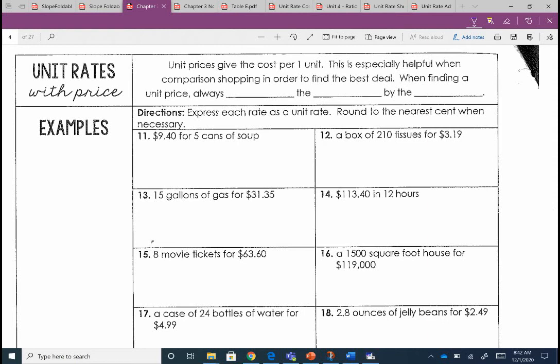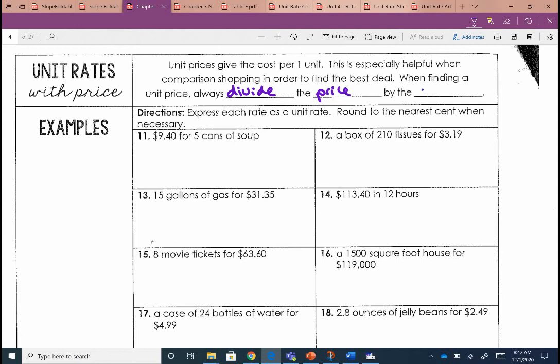That's what we talked about at the beginning of class and what we just talked about now. So to find the unit price, we're always still going to divide the price by the quantity. Now, quantity means how many you have.